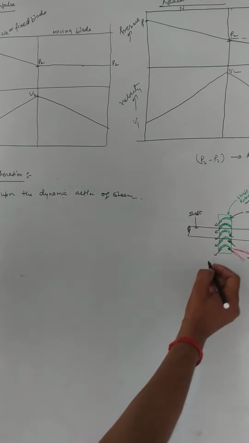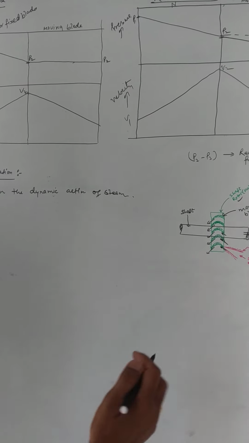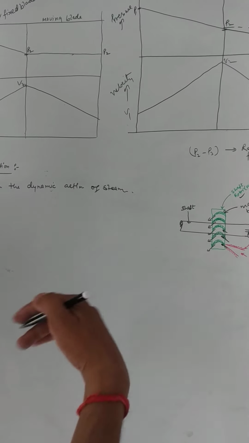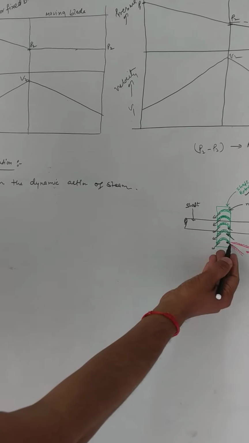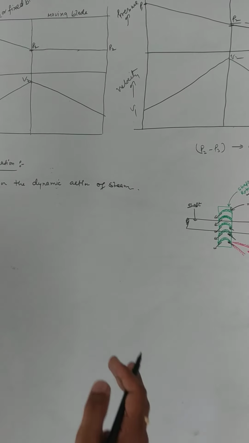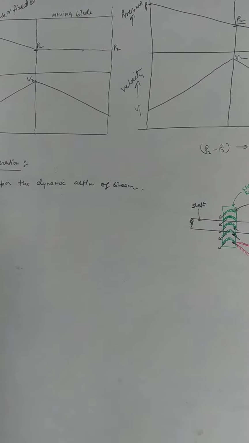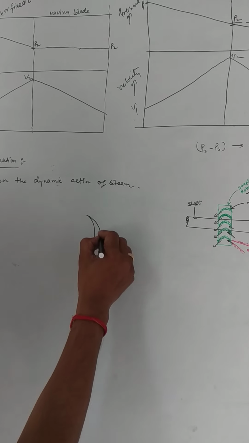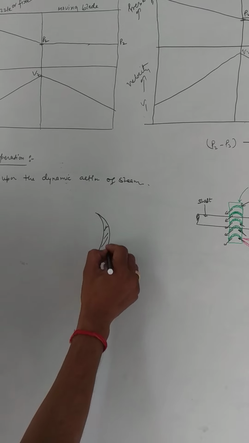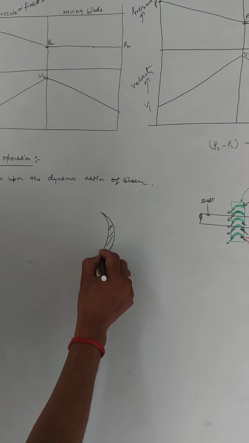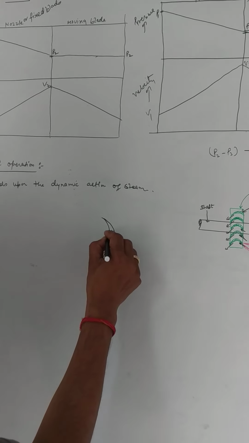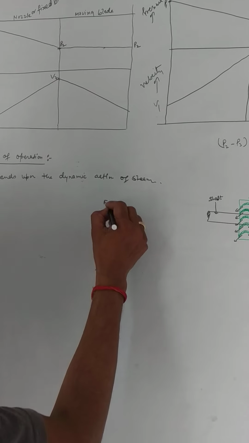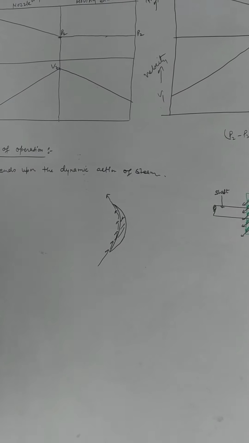Actually, the steam does not strike the blades, but it should glide over the moving blades. This flow glides, not strikes. This flow glides over the surface of the blade and exits. That's it.